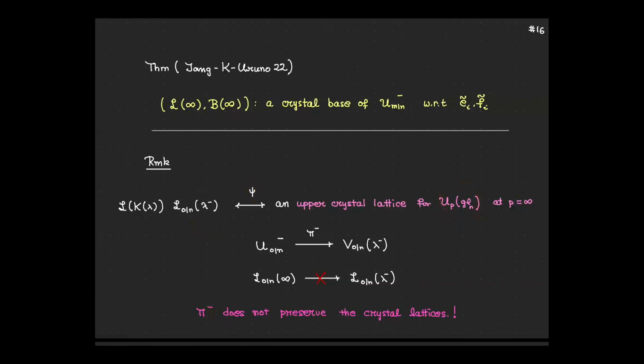For the lower crystal lattice of this simple module, the projection preserves the crystal lattice. But in this case, the projection does not send the crystal lattice to the crystal lattice. That's the difference when it comes to the super case.